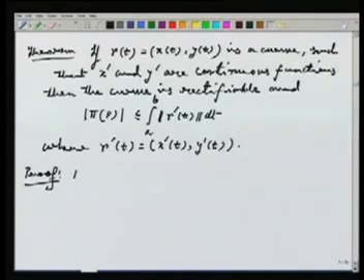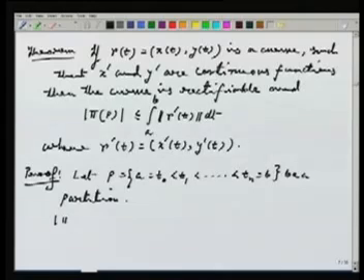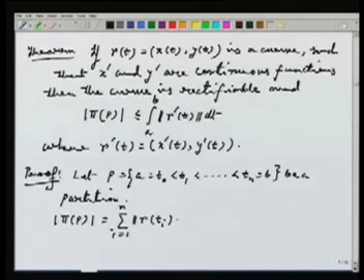Start with any partition P. So, let P equal to this be a partition and then I form mod pi P, that is summation i from 1 to n norm r(t_i) minus r(t_{i-1}).